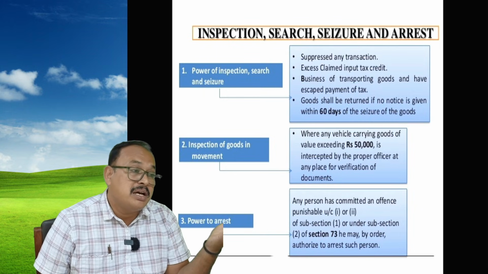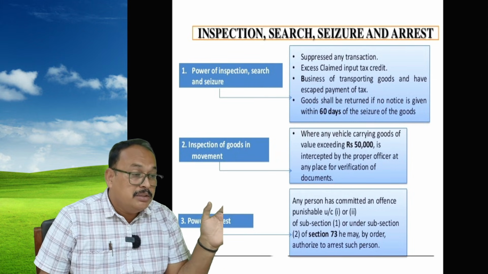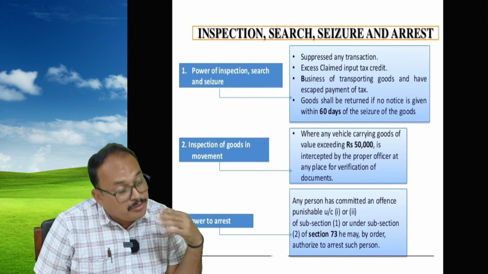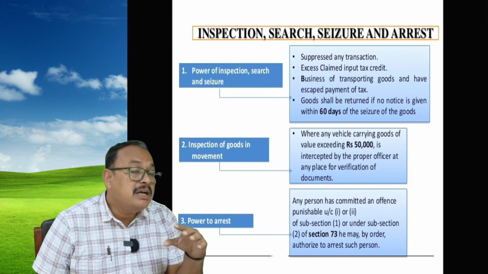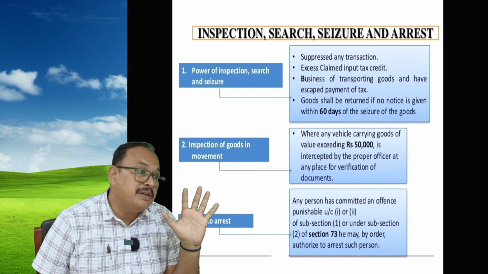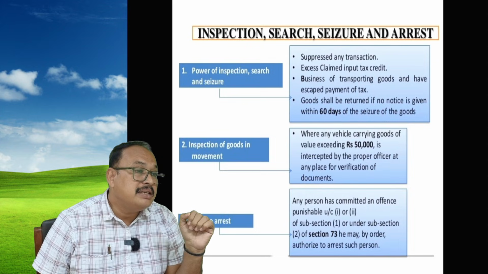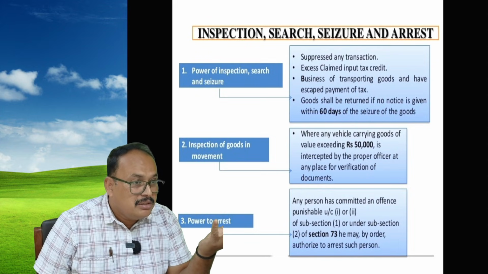If the arrested person asks for bail, it is a bailable, non-cognizable offence. The arrest comes into picture again under 132, where the tax evasion is more than 200 lakhs but not exceeding 500 lakhs. In that case, arrest takes place, bailable, non-cognizable.